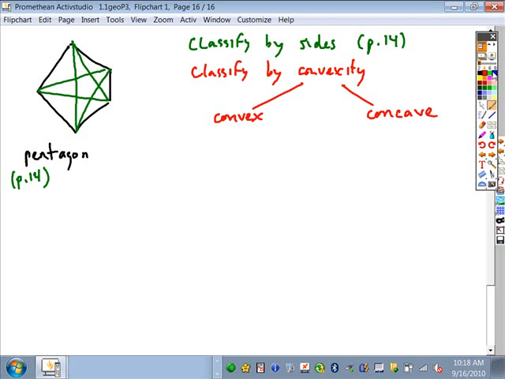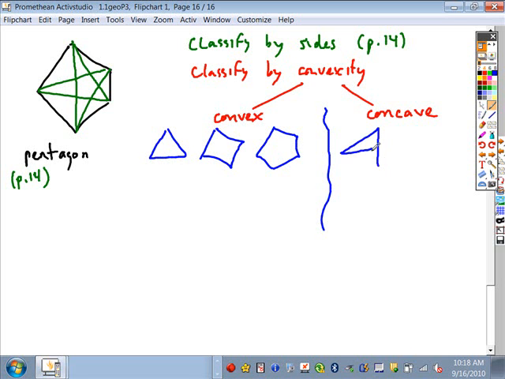Convex polygons are the ones that you're probably the most familiar with. So this triangle, this quadrilateral, this pentagon are all convex. Concave, there's no such thing as a concave triangle. A concave quadrilateral would look like this. If we took a concave hexagon having 6 sides, it would look like this.